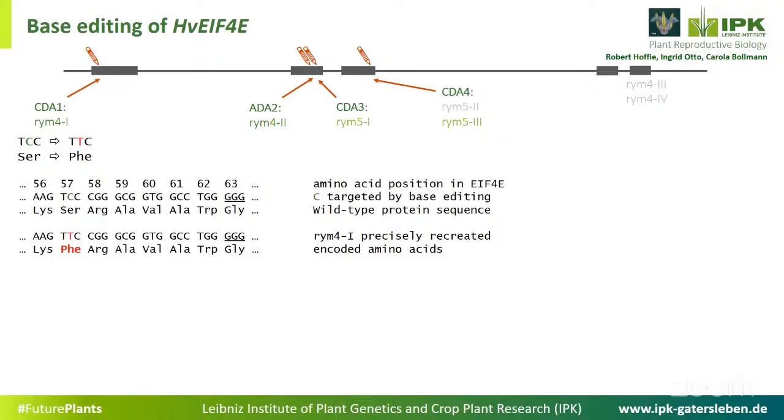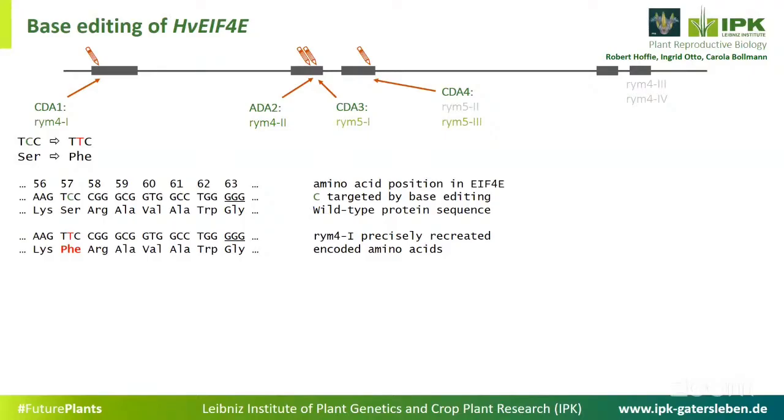Now it becomes a little bit complicated, but when you follow me, maybe you will understand the difference between the wild type, seen here in this comparison of these two blocks. The upper part is the wild type sequence, and we show the amino acid positions in the gene, then the triplets of the nucleotides, and the third line is the encoded amino acids.